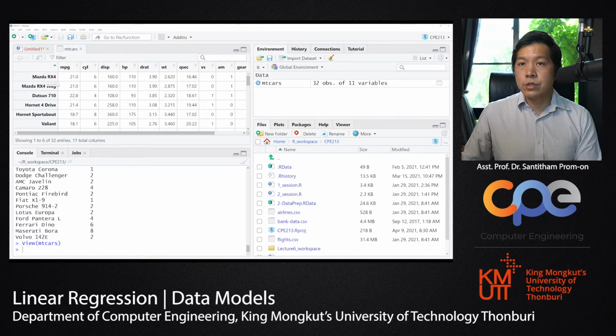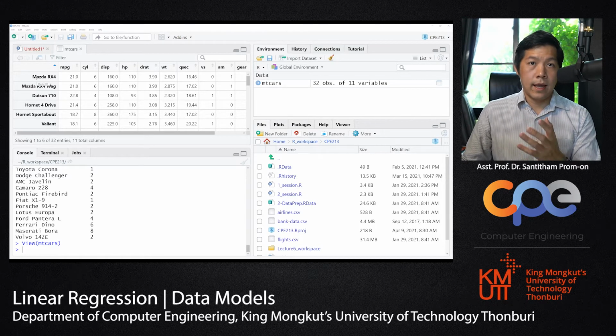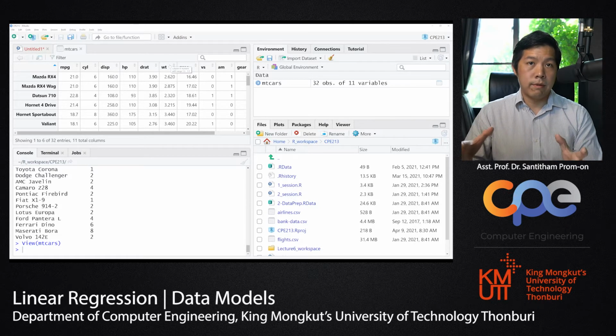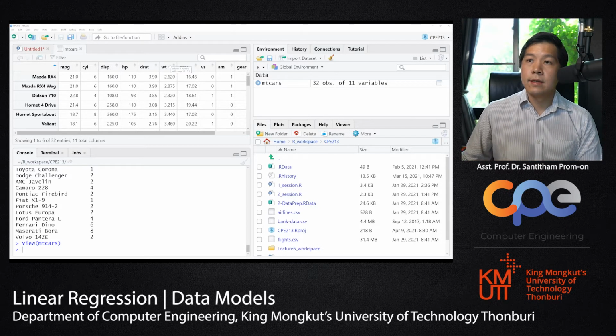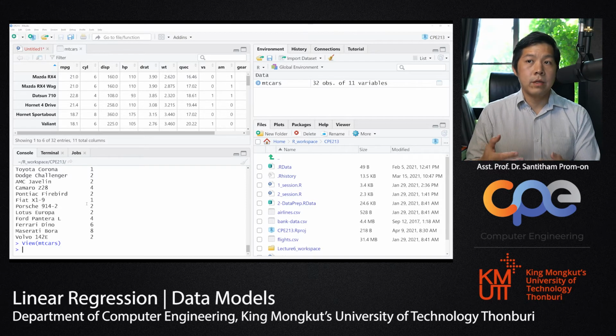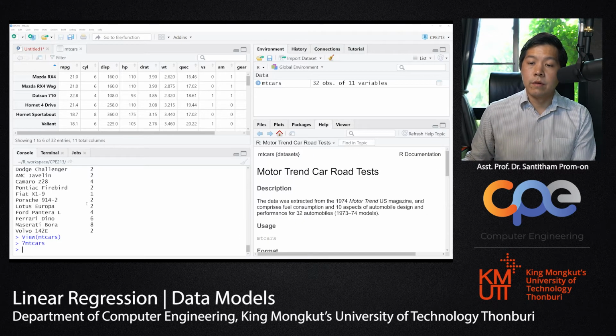Now we have the car model as the unit of analysis, and you have various variables that explain the unit of analysis, like the mileage per gallon. If you want to know the meaning behind each variable, you can type the question mark and mtcars. It will show here.